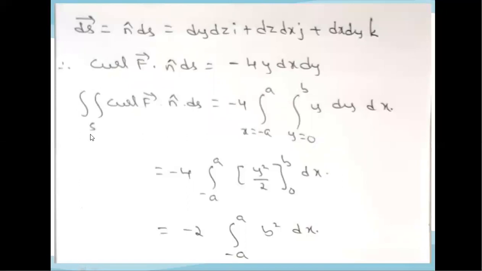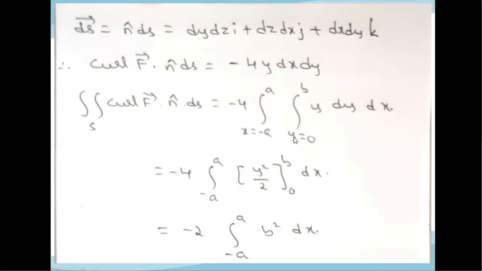Now the double integral over the surface of curl vector f dot n cap ds is evaluated over the surface. What is the surface? That is given by the lines x equals minus a to a and y equals 0 to b. So minus 4 is kept outside the integration.